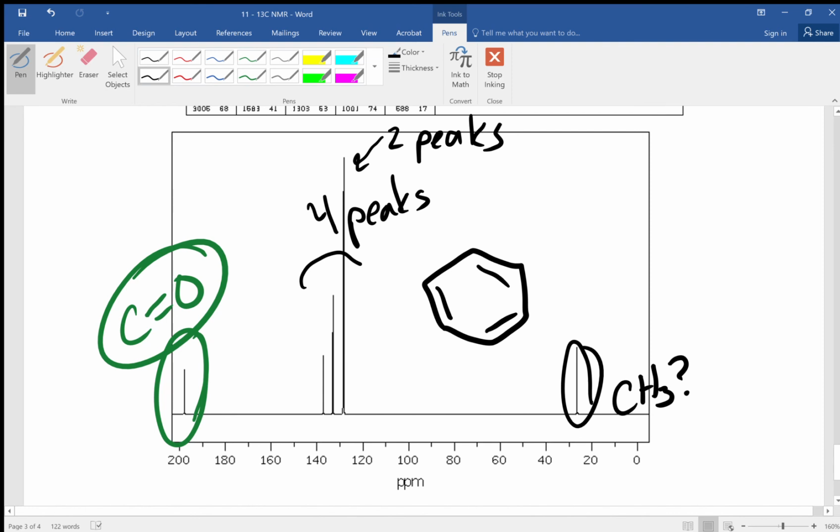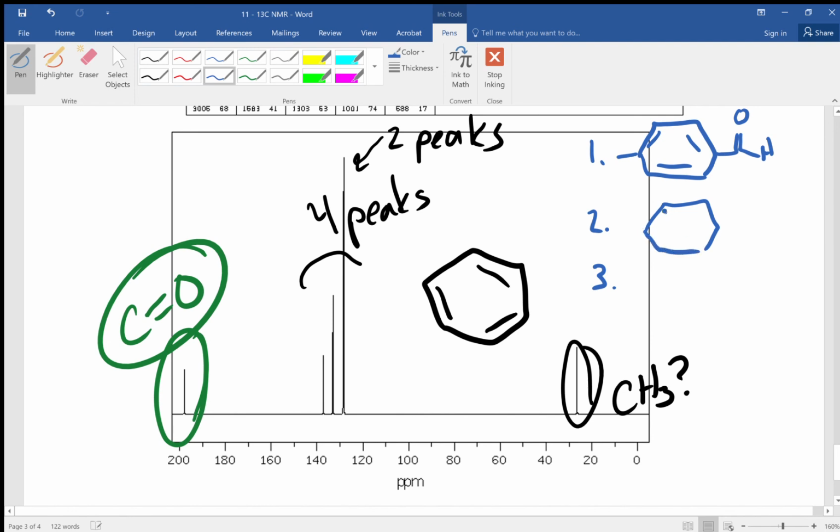So now, to me, there's 3 possible ways to put this molecule together. And I'm going to draw all 3 of them out, and then we're going to determine which one's correct. So we could have an aromatic ring with a methyl on one side and an aldehyde on the other. Because remember, that carbonyl peak is in the range of both a ketone and an aldehyde.